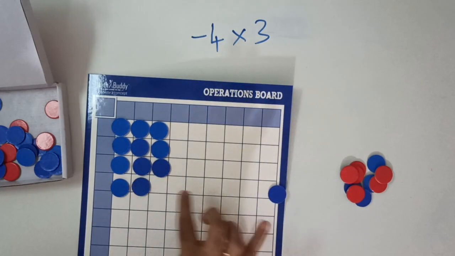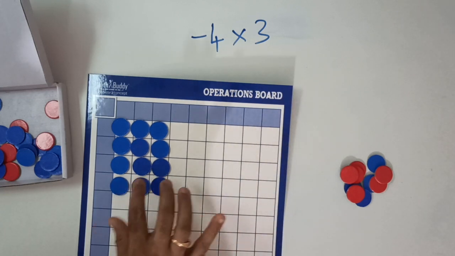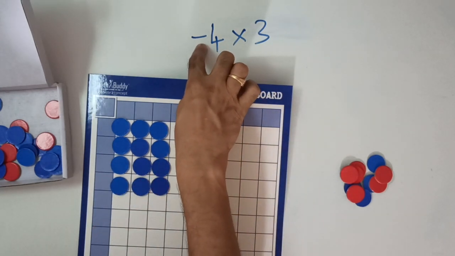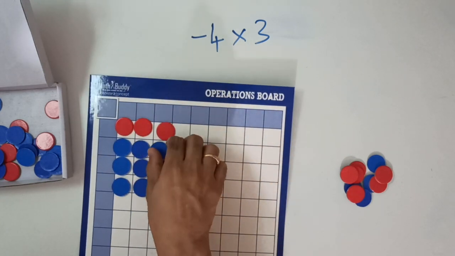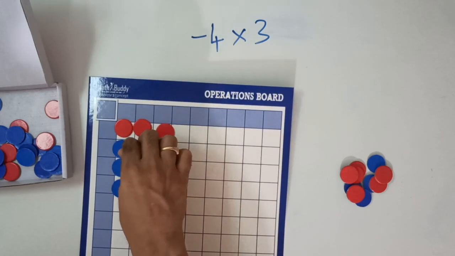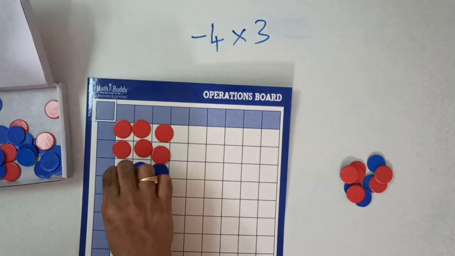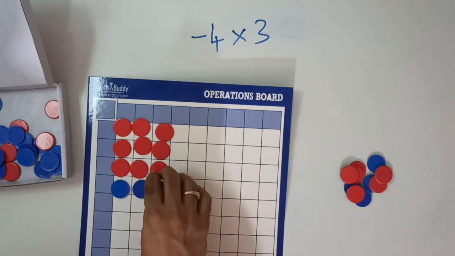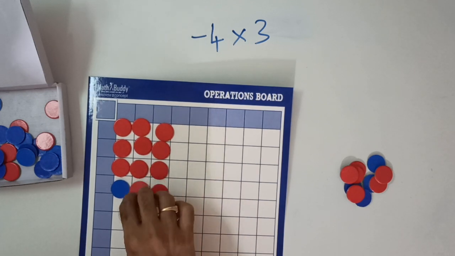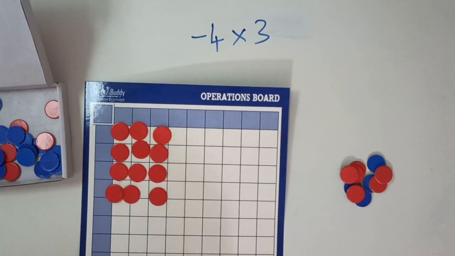Initially ignore this sign and just do it as you would do multiplication. And then because I have a negative sign here, you just flip over the coins. Once you do that, you'll see that you've got 12 red chips. So again, minus 4 times 3 gives you minus 12.